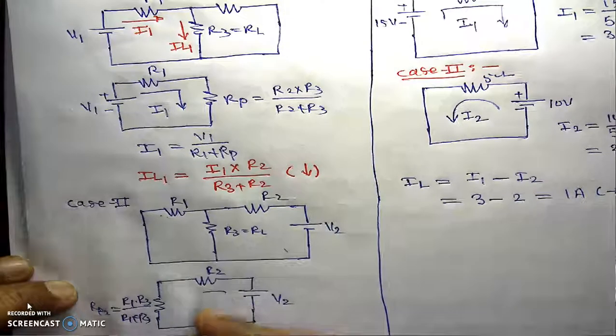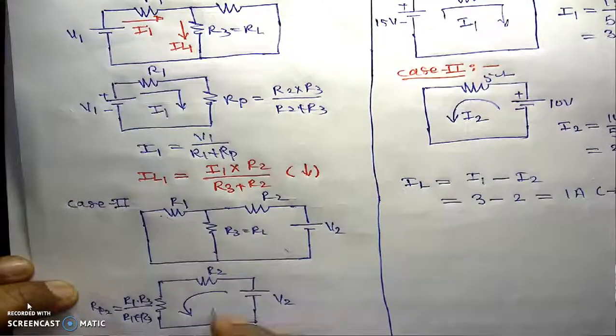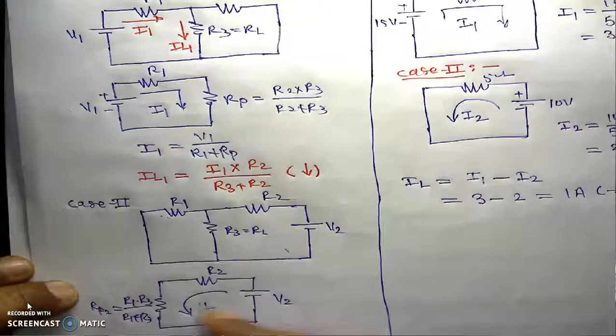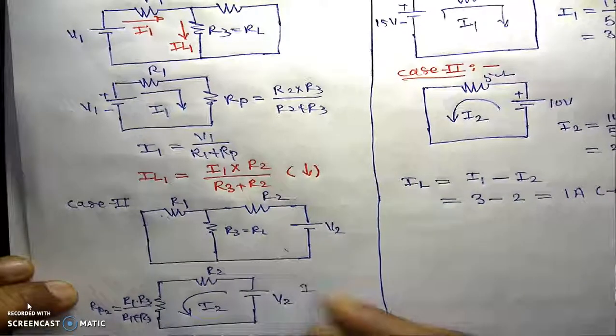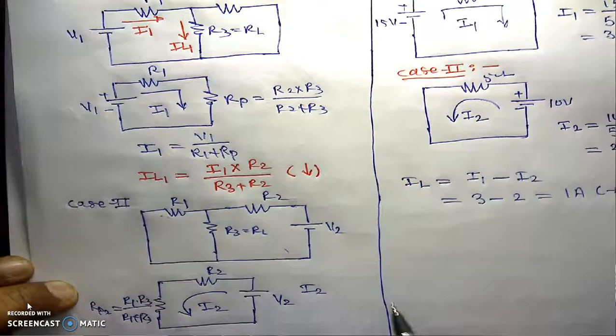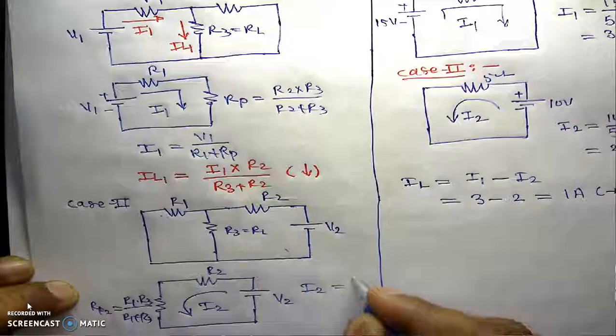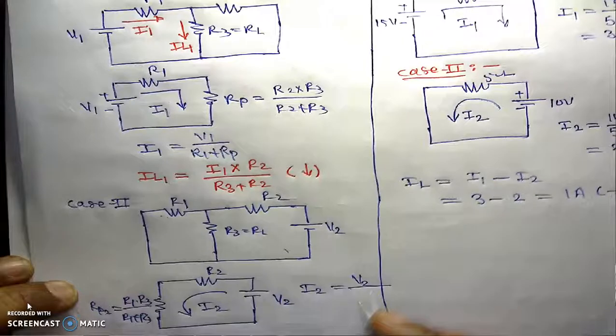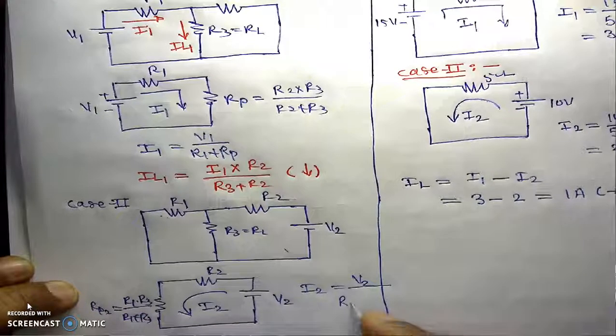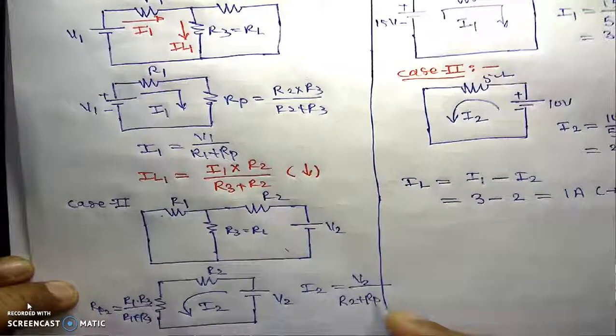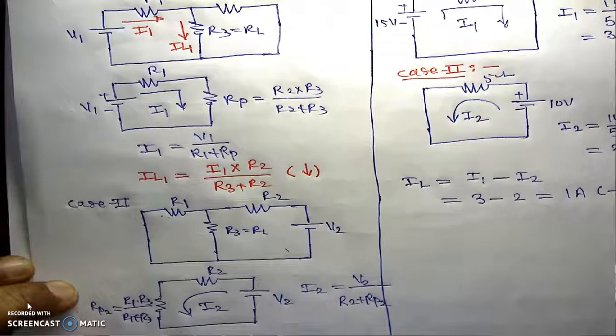This is the direction of the current. I will call it I2. This total current I2 is equal to the total voltage, which is V2, divided by the total resistance, which is R2 plus RP2.